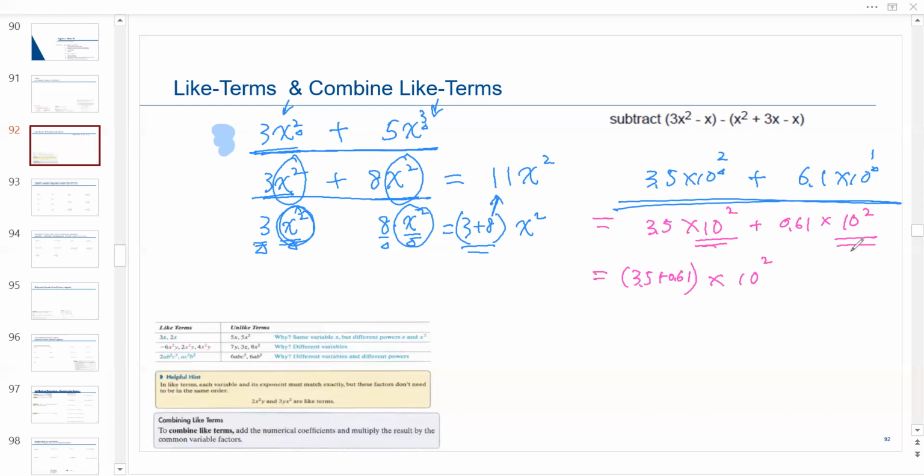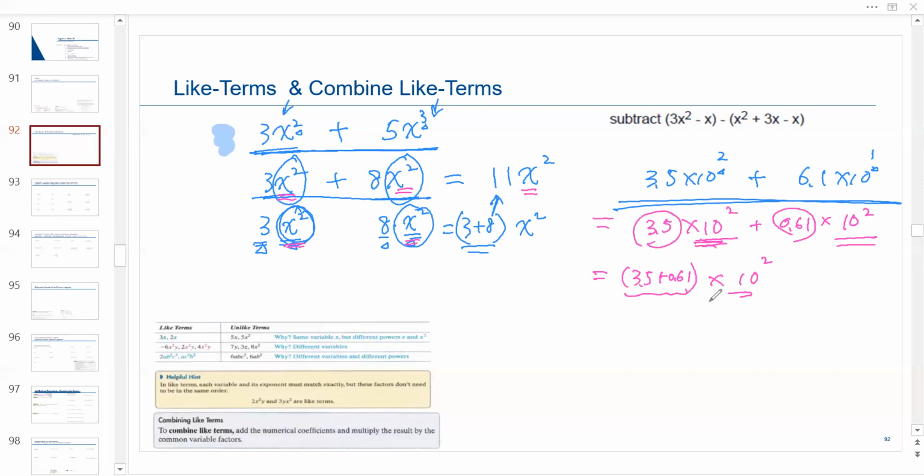So we need to make sure this part is the same. They are like common factors. So we bring them together here, and for the rest only the coefficient part does the addition. So if this part is the same, we call them like terms. The only difference is the coefficient part.